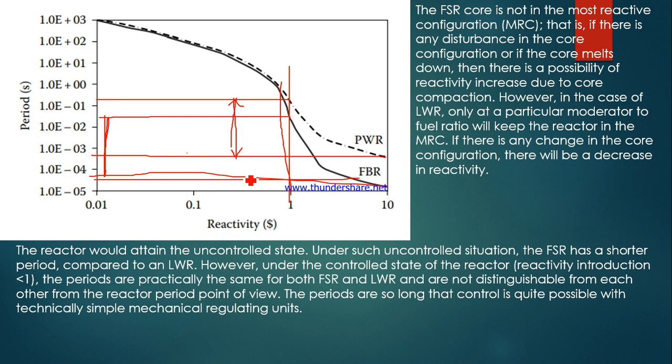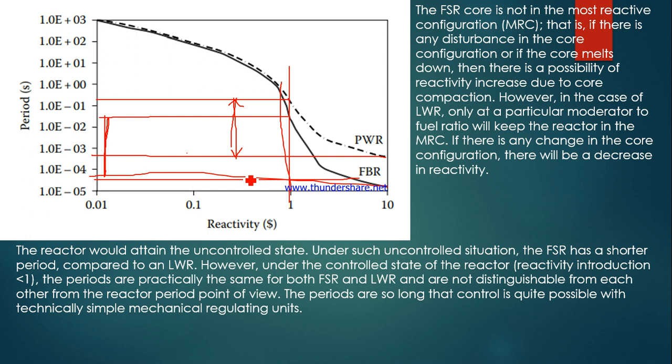So if the reactor attains an uncontrollable state, under such an uncontrolled situation, the fast reactor has a shorter period compared to thermal reactor.